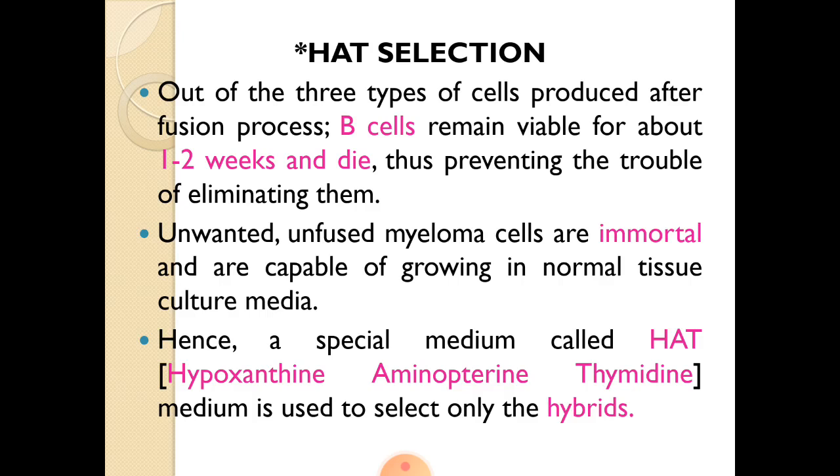Then unwanted unfused myeloma cells are immortal and are capable of growing in normal tissue culture media. Therefore, a special medium called HAT medium, containing hypoxanthine, aminopterin, and thymidine, is used to select only the hybrids.